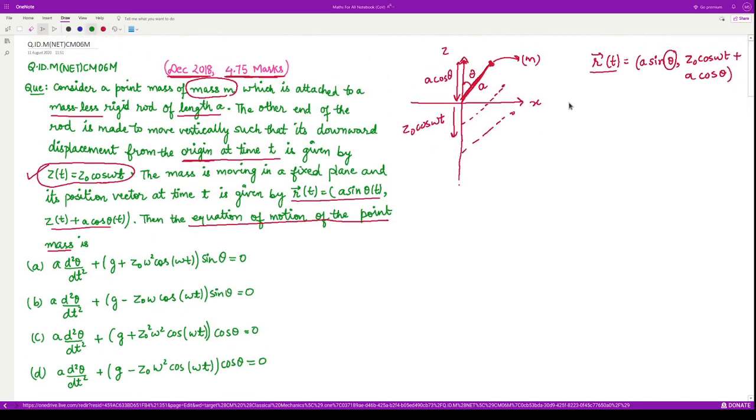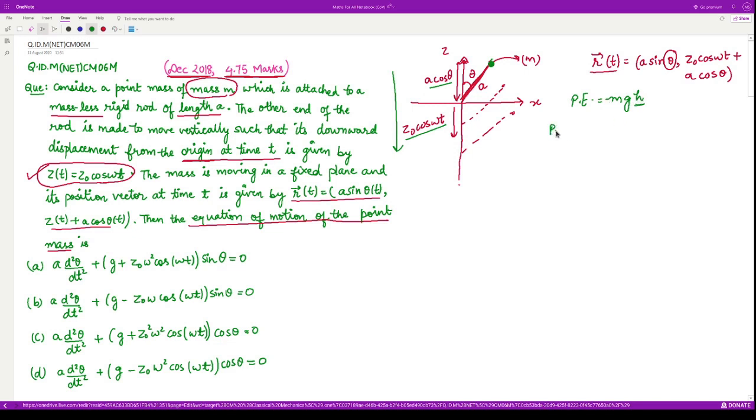So you see the potential energy is given by mg into h, where h is the respective height of the object, that is the mass in this case, from some reference point. The total height is given by a cos theta plus z0 cos omega t, but it is in the downward direction, so we'll take it to be minus mgh.